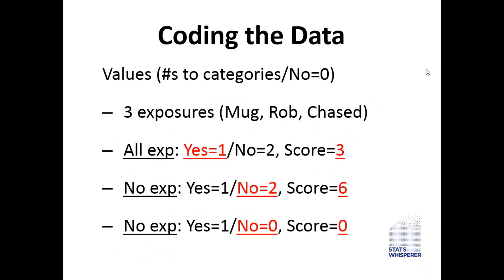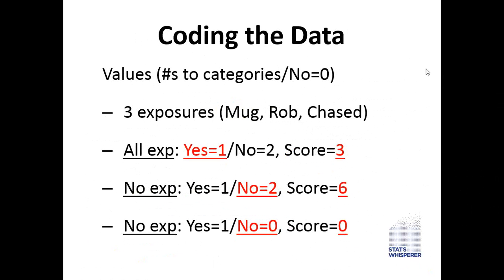Now, on the second line here, where it says no X, so no exposures, where no equals 2, it's no, no, no. So that becomes 2 plus 2 plus 2, which equals 6. So if yes is 1 and no is 2, full exposure has a score of 3, and no exposure has a score of 6.